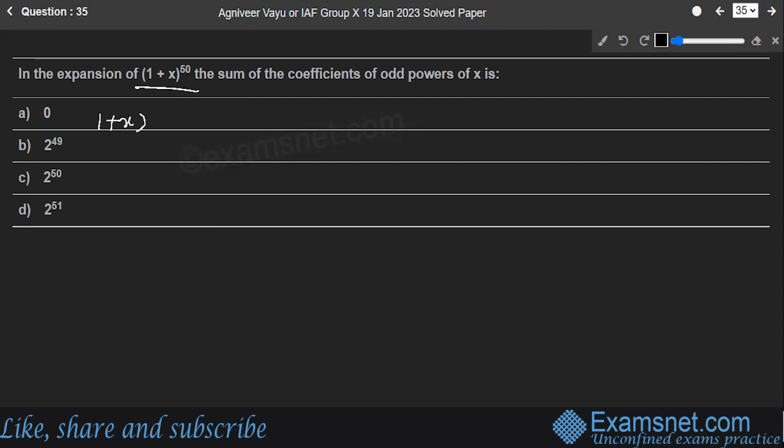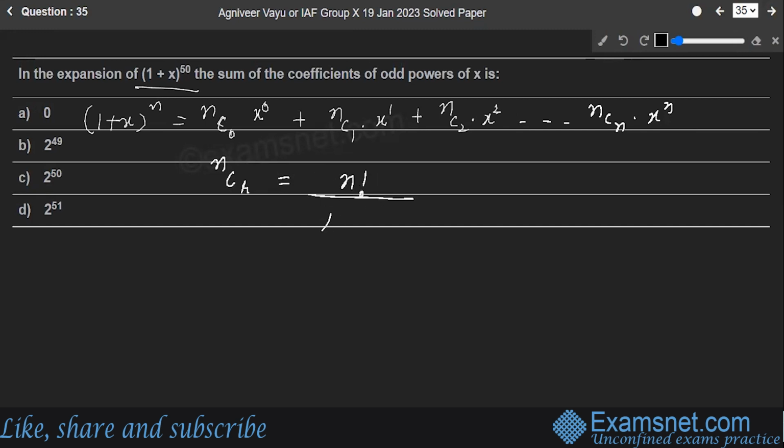First of all, for (1 + x)^n, the general formula is given by nC0 x^0 + nC1 x^1 + nC2 x^2 till nCn x^n, where nCr is equal to n factorial upon r factorial into (n minus r) factorial.